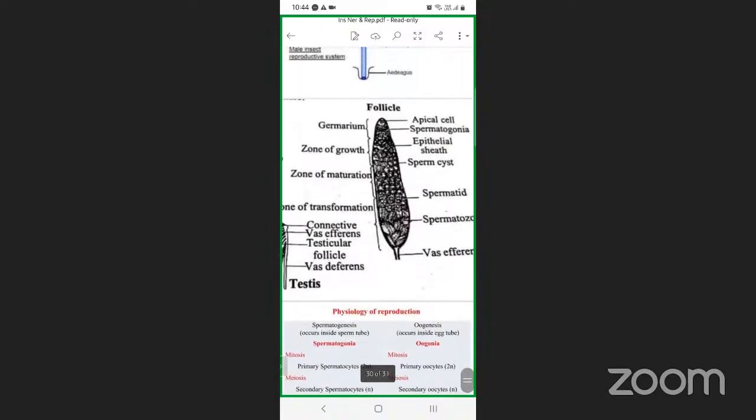So coming to the follicles, the spermatids, that is spermatozoa, and vas deferens, how they form with an apical sheath and apical cell called the spermatogonia.